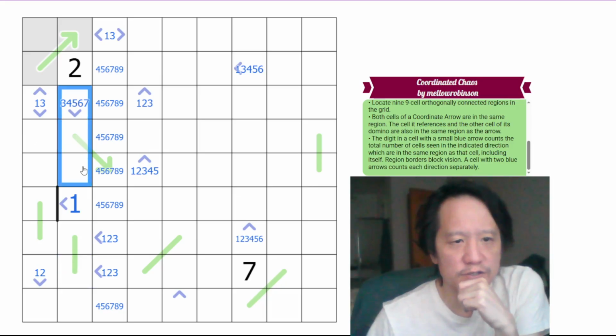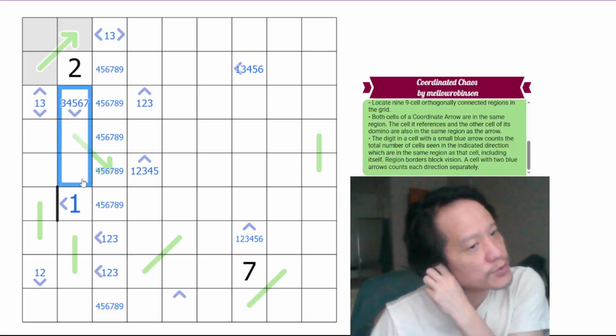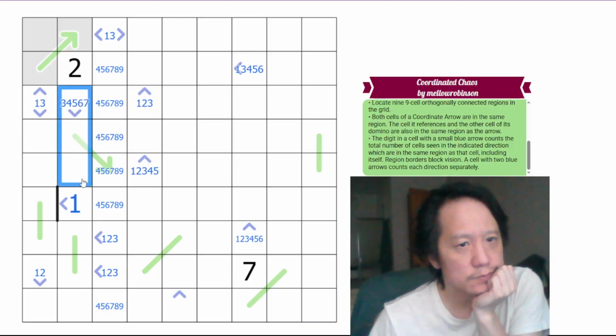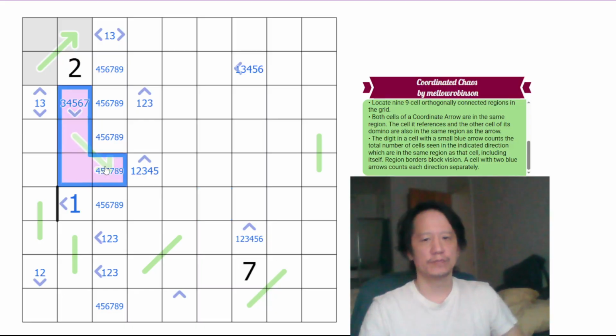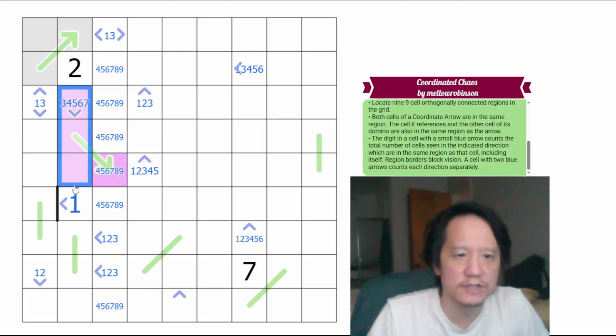So these must be the same region. We know that for certain, because this is at least 3 in the same direction. So this must be part of the same region here, because this sees at least 3.